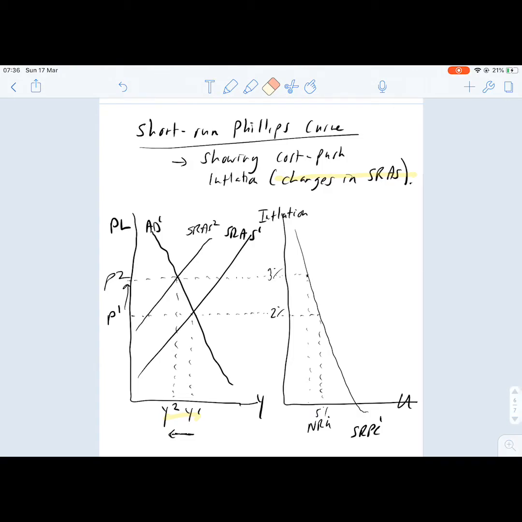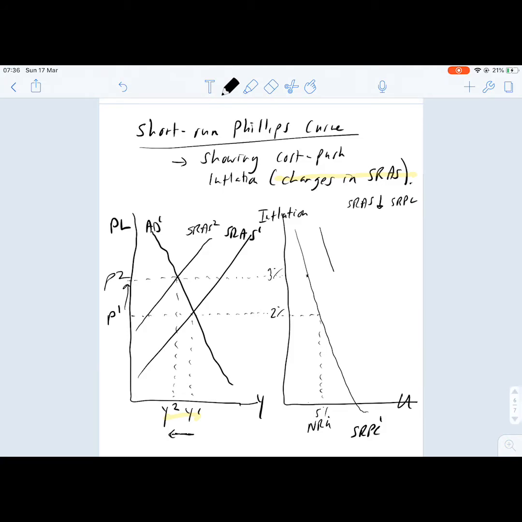What we have to do here is shift the short run Phillips curve. The way to remember how to do this is, if it's a decrease in short run aggregate supply, then we have to show an increase in the short run Phillips curve.